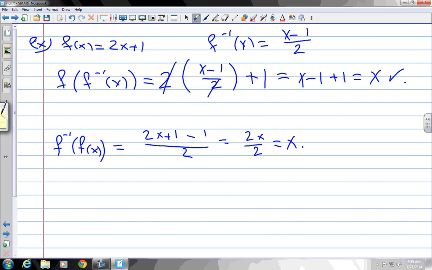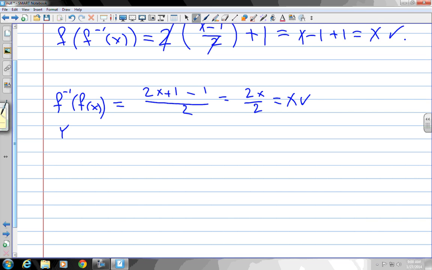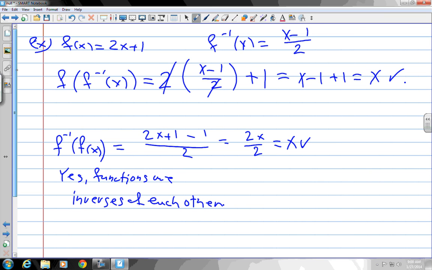So yes, the functions are inverses of each other. Is that all right? Happy?